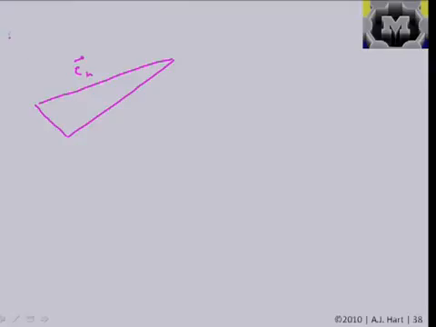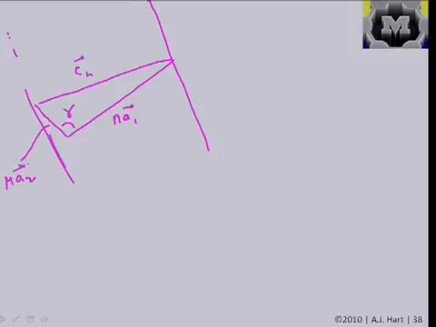So this is kind of like the strip we cut before, and say this is an angle which I'm going to call gamma, and this is a vector which is nA1, and this is a vector which is mA2. So it's just a bad drawing representing exactly what we saw on the previous slide.